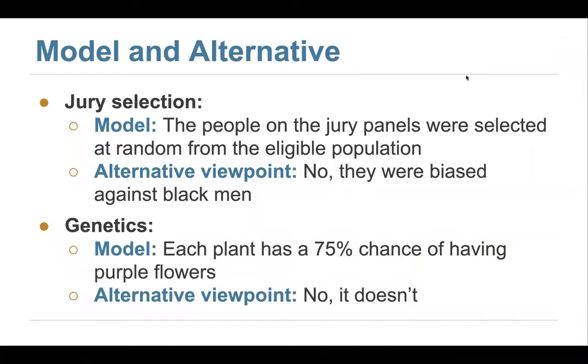We weren't just saying it wasn't randomly selected; we were being specific. The alternative that you frame will also decide how you test the model, like what statistic you choose to compare between the simulations and the observed values. We'll go over how those were chosen as well.